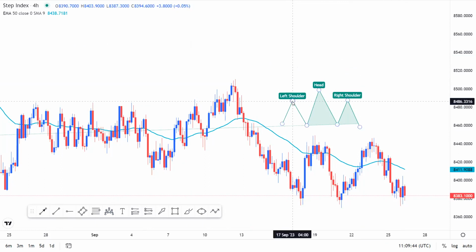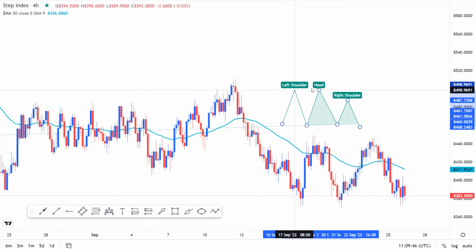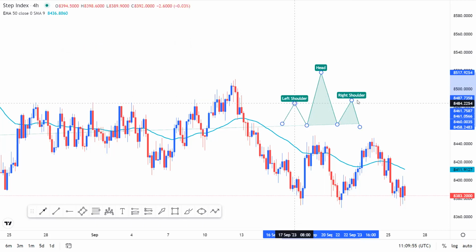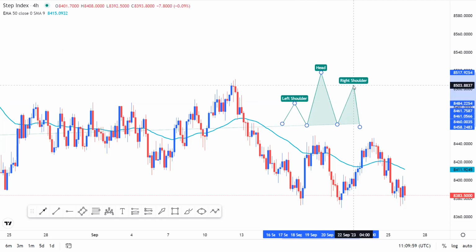On some occasions, you will get to see the left shoulder slightly higher than the right shoulder. And then on some other occasions, the right shoulder is slightly higher than the left.